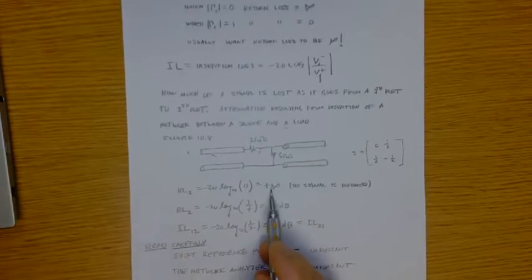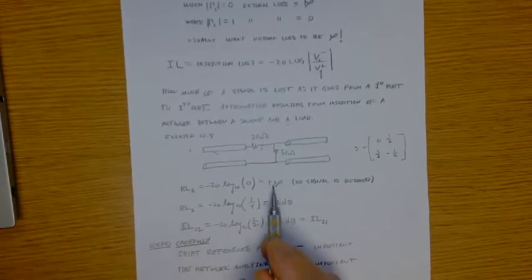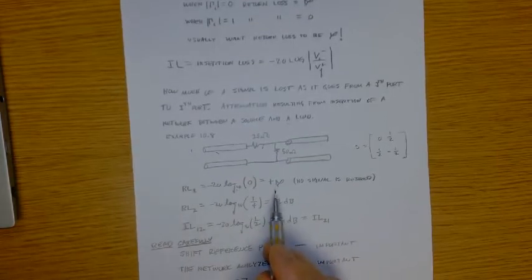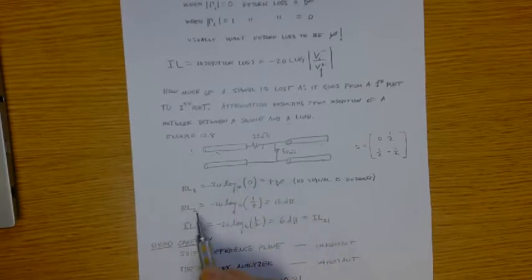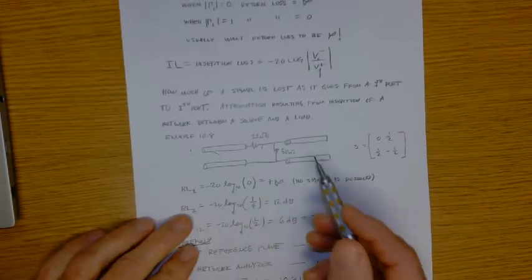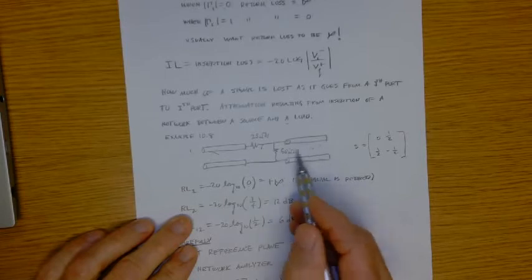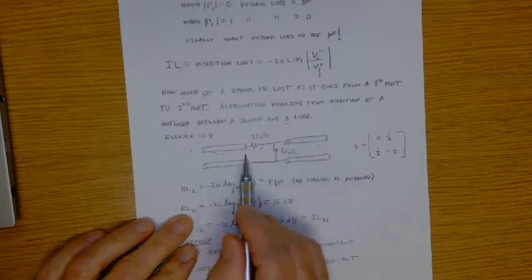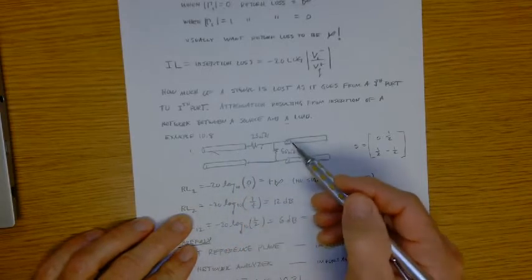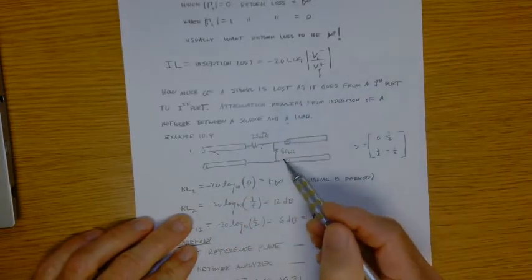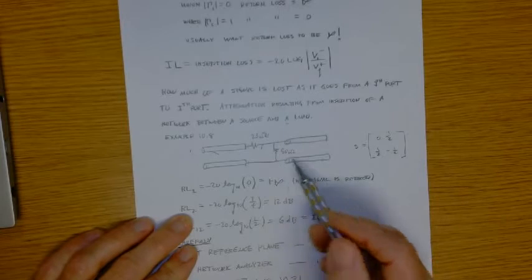And the return loss at port 2, looking back in this direction. In the other direction, the reflection coefficient was 0 looking into this port. In this direction, the reflection coefficient looking into here is minus a fourth. So when we take minus 20 log of the magnitude of that, we're going to get 12 dB.